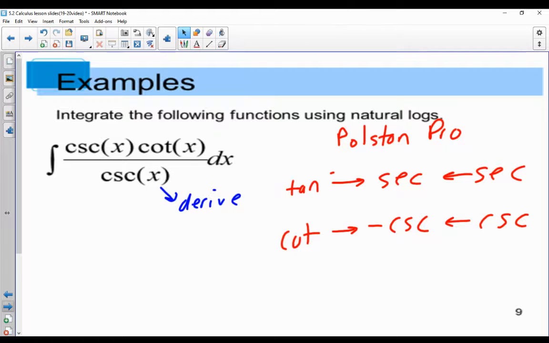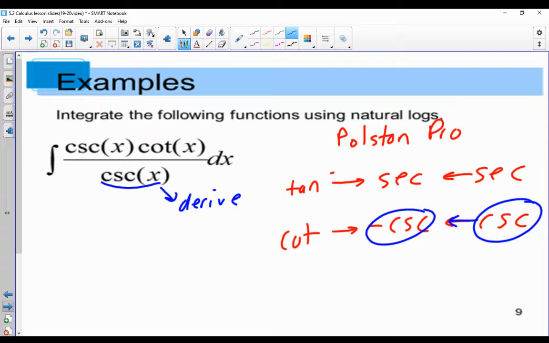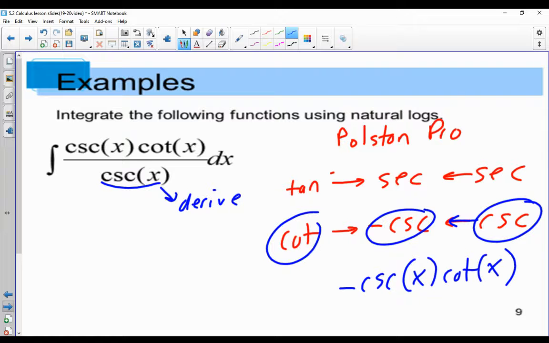The way this works is you first look at which trig function you want to derive. In this case, we want to derive cosecant. So follow the arrow: negative cosecant times cotangent is going to be the derivative. So let's write that, negative cosecant cotangent.